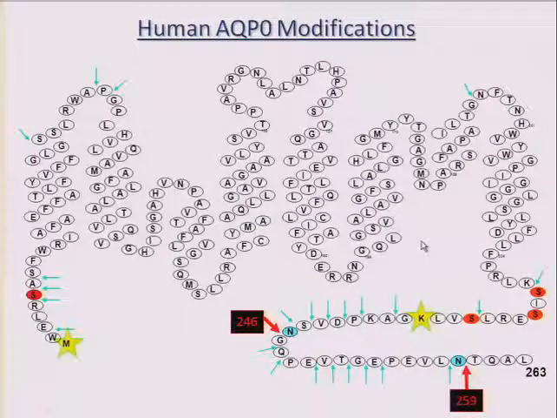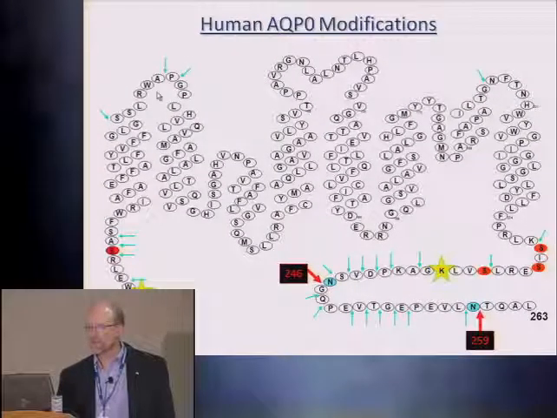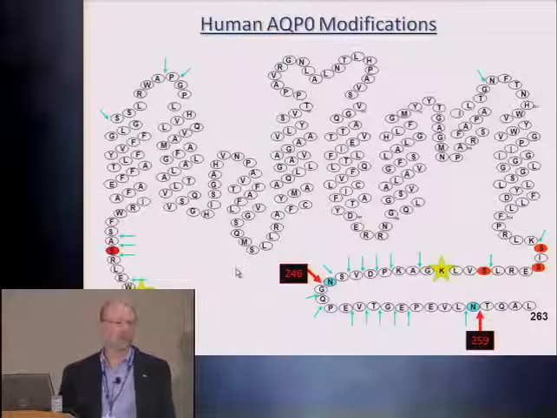So the other protein that we're very interested in in the lens is an integral membrane protein known as aquaporin 0. It's a very, very abundant protein in the lens. It's a water channel, and you can see these alpha helical regions here span the plasma membrane of the fiber cells. Our lab has been working on this for a very long time.